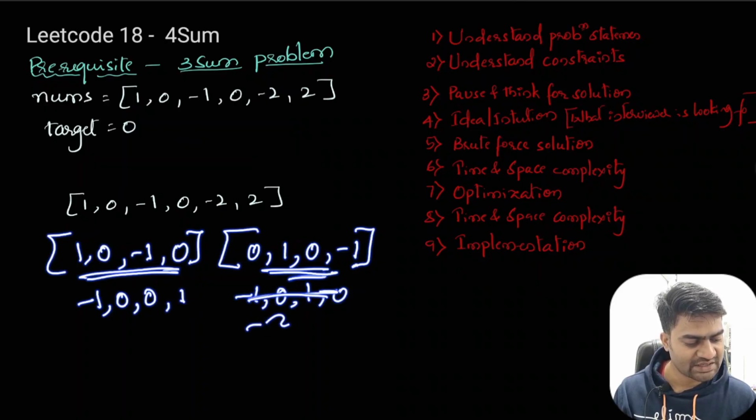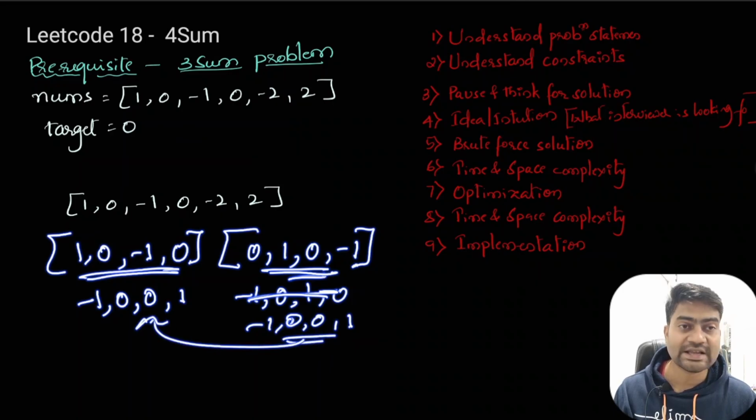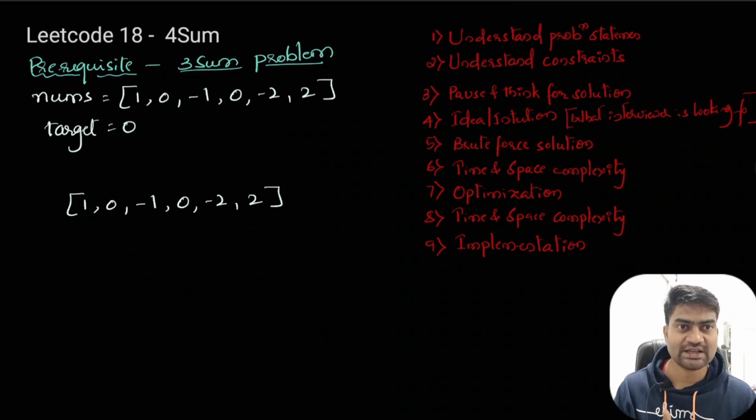The first one, when sorted, will also be minus 1, 0, 0, and 1. So both are the same. What I'm trying to say is, if you sort the quadruplets, they should not be the same. If such multiple quadruplets exist, then you need to ignore the duplicate ones.